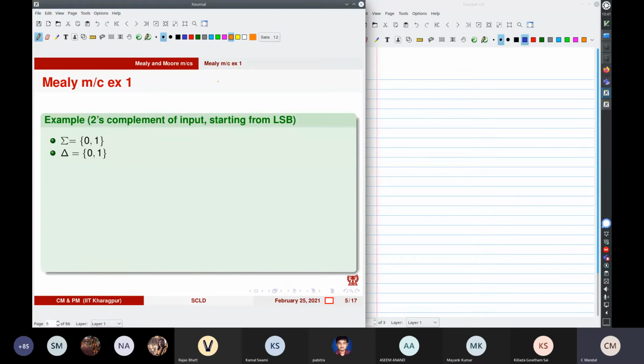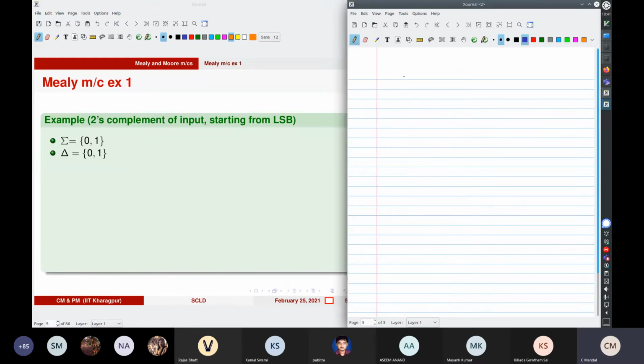Let us just consider some arbitrary string, say 0 1 1 0 0 1 0 0. So this is an arbitrary string. Can you work out in your notebooks how you will do this? So how do we do the complementation?